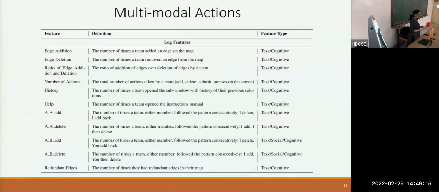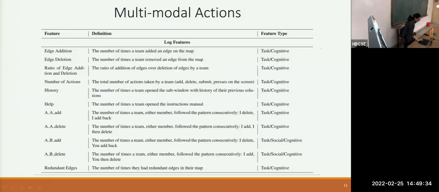In terms of actions, this is the list of actions that we used: the number of times that people added an edge, the number of times that people deleted an edge, the ratio of these, the total number of actions, and the number of times that people looked at the history.